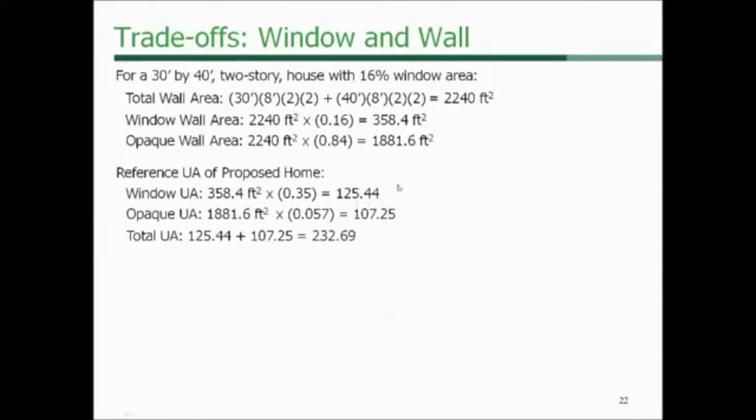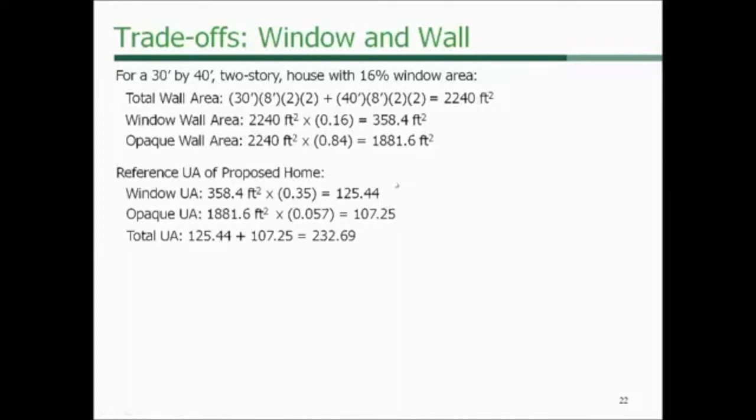Now I'm dropping the units because it doesn't really matter, and they're kind of ugly. And then the opaque UA, which is the opaque area times the maximum U allowed in the table, comes out to 107.